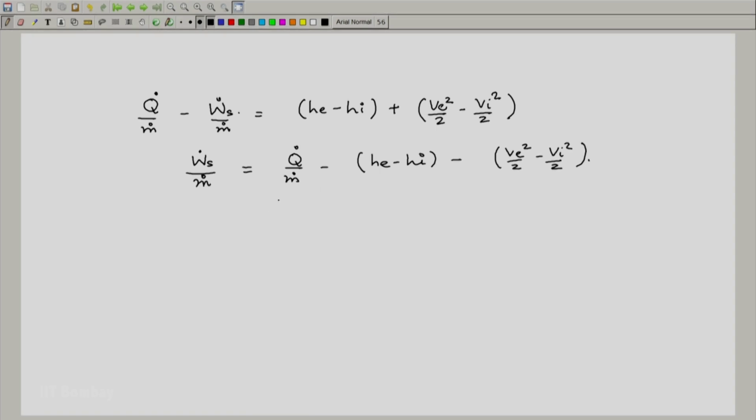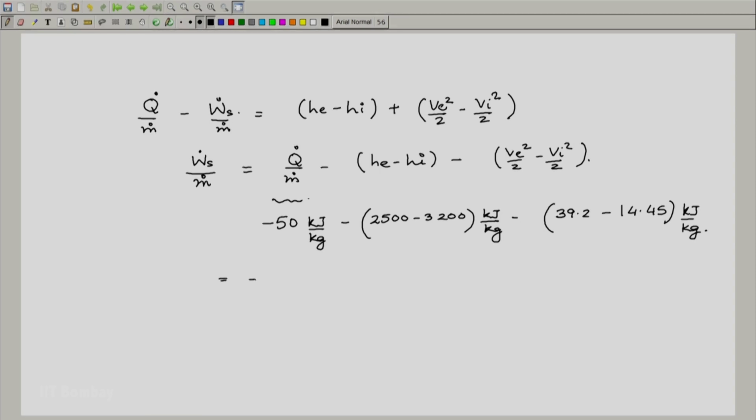You realize that this number is negative because you are losing heat. This is minus 50 kilojoule per kg, the units are correct. He minus Hi is 2500 minus 3200 kilojoule per kg, minus Ve squared by 2 which is 39.2 kilojoule per kg, minus Vi squared by 2 which is 14.45 kilojoule per kg.